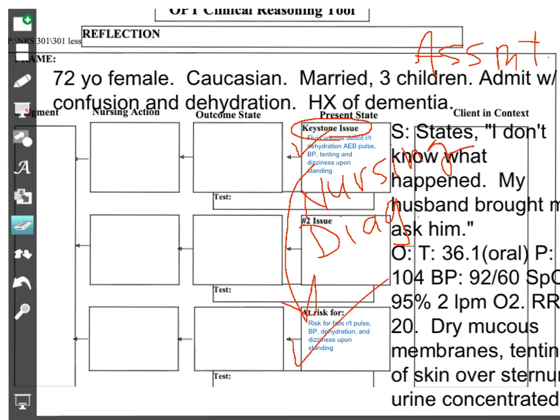If she no longer had a fluid volume deficit, would her risk for falls also be resolved? Well, probably. So the keystone issue is prioritizing where should I focus the majority of my nursing actions to meet this patient's overall healthcare needs.